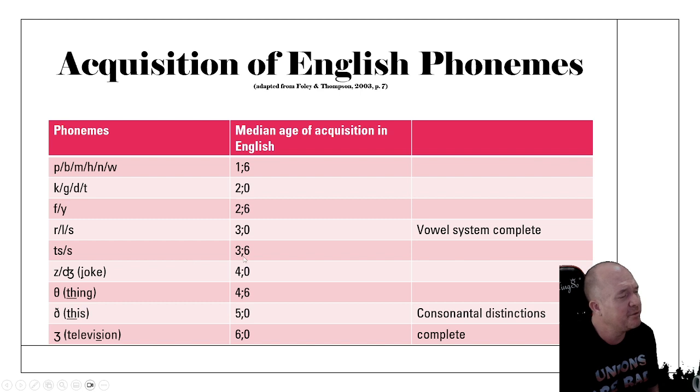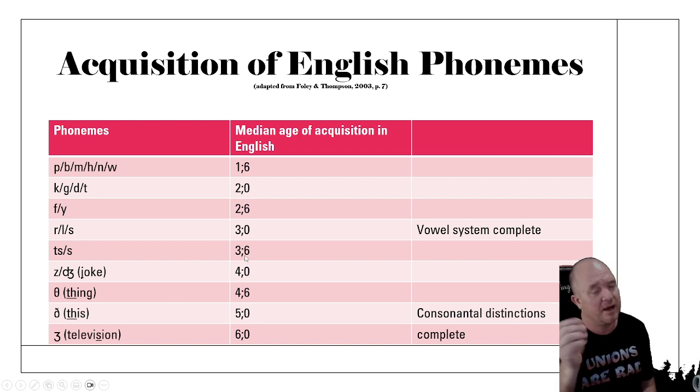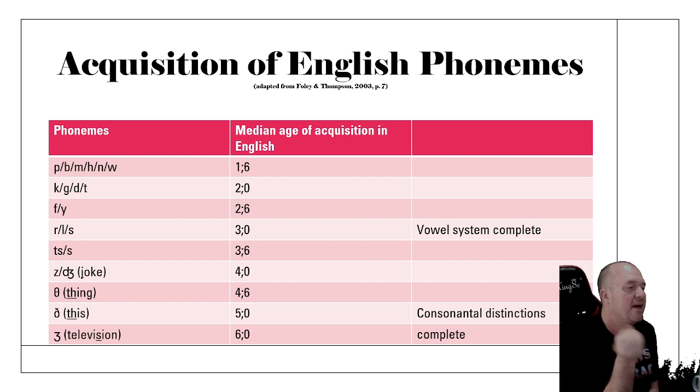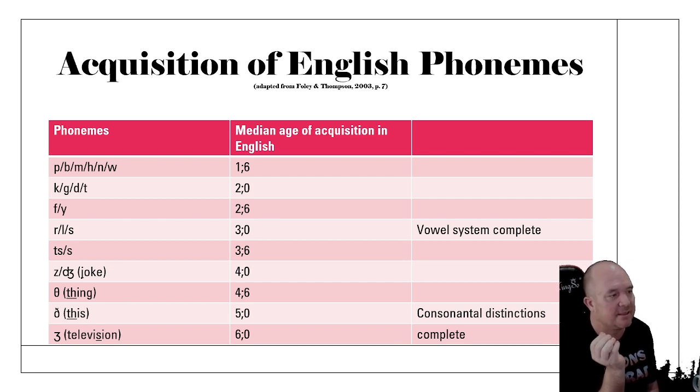And then around 3 years, 6 months, we get some of the more difficult consonant blends, digraphs, to make the TS, like cats. So a little bit harder S sound, but not quite a Z sound, gets developed. And then around 4 years old, they start acquiring that hard Z sound. And then also this consonant blend, the DG, like for J, joke.